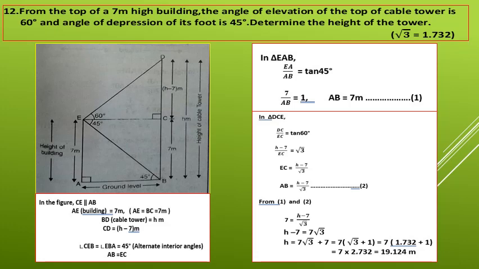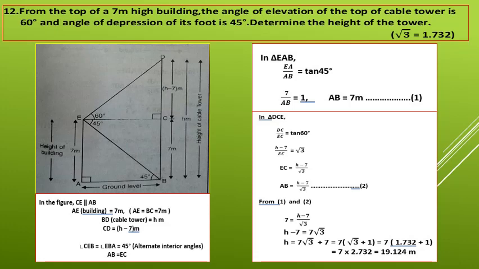Therefore, BC also 7 meter. AE equal to BC equal to 7 meter. The total height of the tower is H meter. That is BD. In that BC is 7 meter. Therefore, CD is equal to H minus 7 meter.